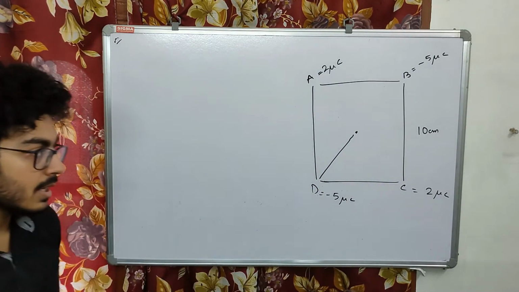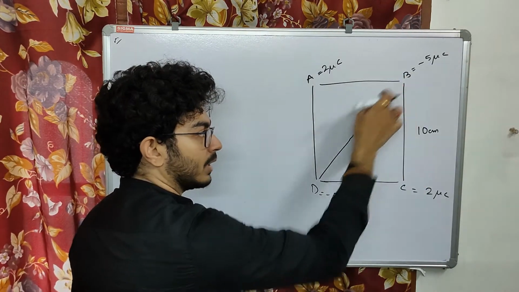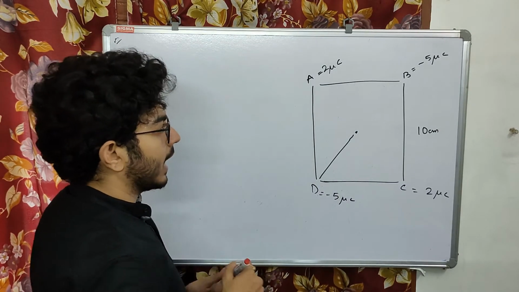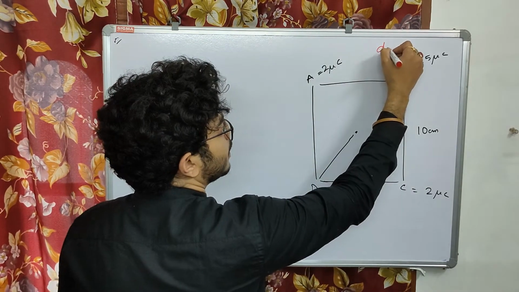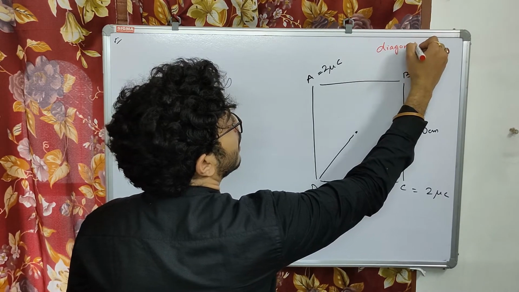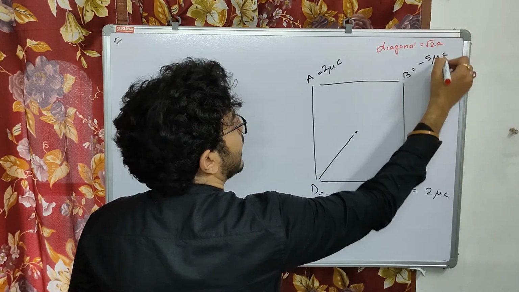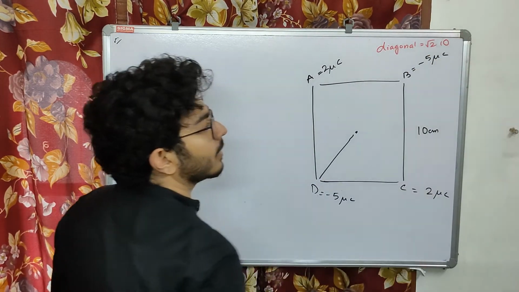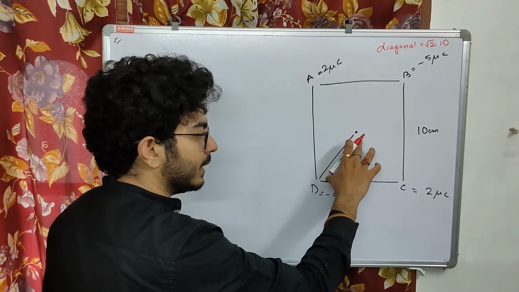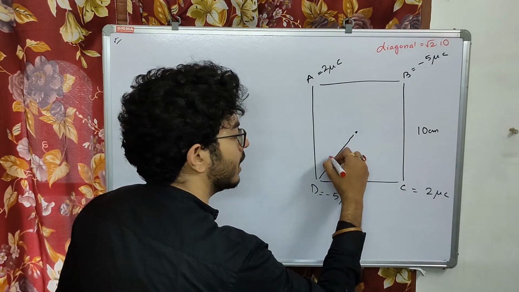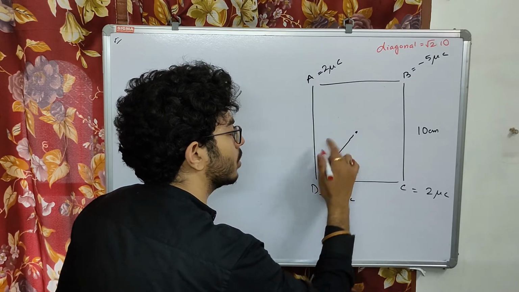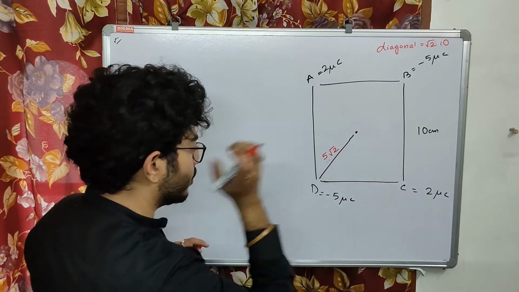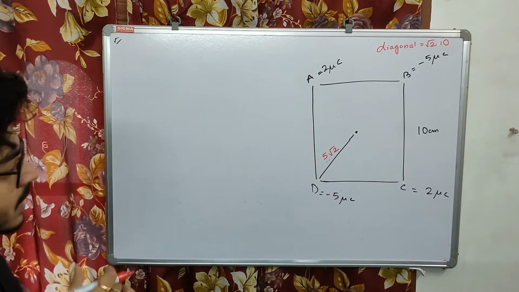For a square of side a, the diagonal comes to be root 2 a. So this will be root 2 times 10, and the center is the midpoint, so this part will be 5 root 2. From this one also 5 root 2, this one also 5 root 2, this one also 5 root 2.